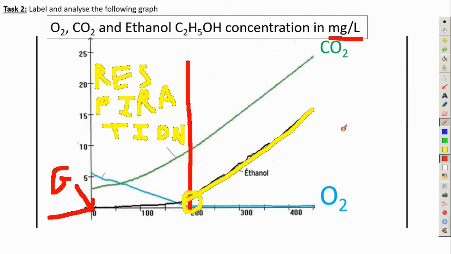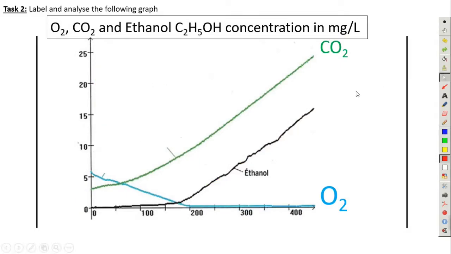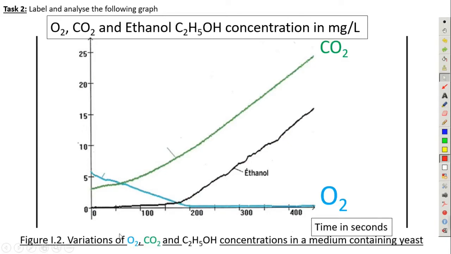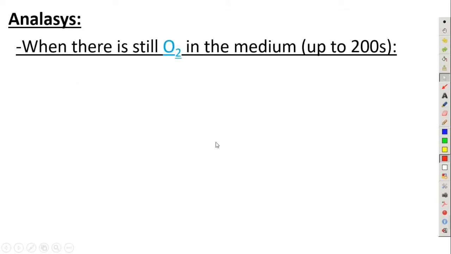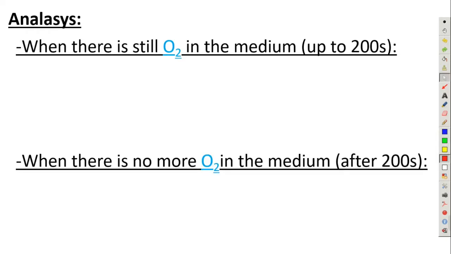So here we are. Just like last time, the detailed analysis is going to come up. Oh, I forgot about this. Time in seconds, and also variations of O2, CO2 and ethanol concentrations in a medium containing yeast. That's for the title. Analysis, so two parts: when there is still dioxygen up to 200 seconds and when there is no more dioxygen.